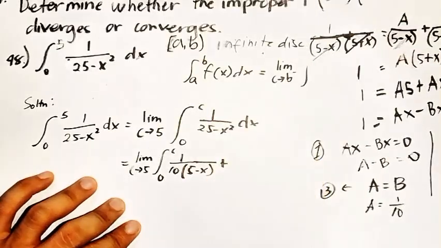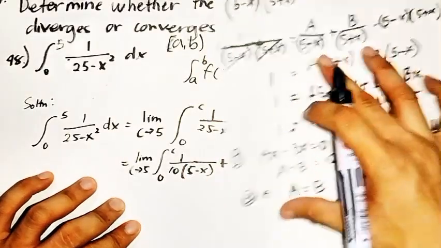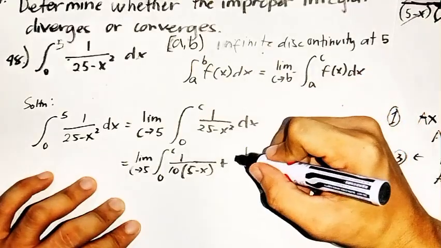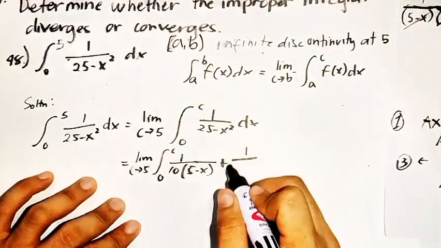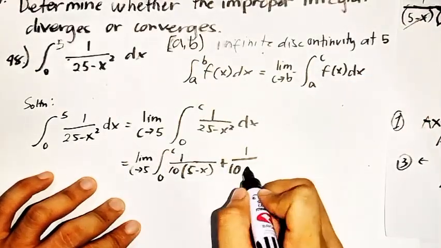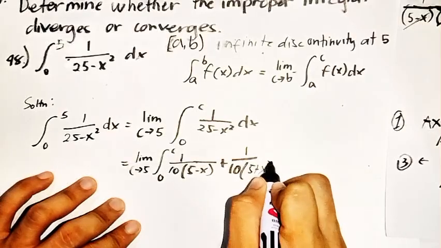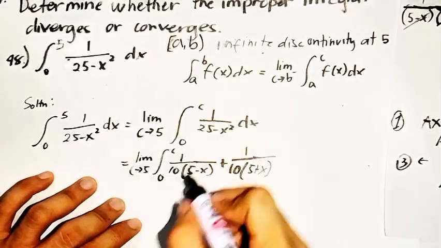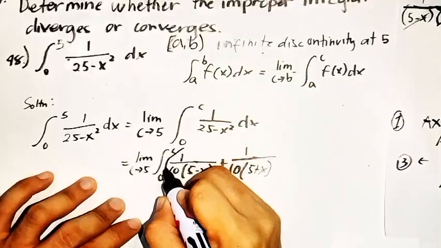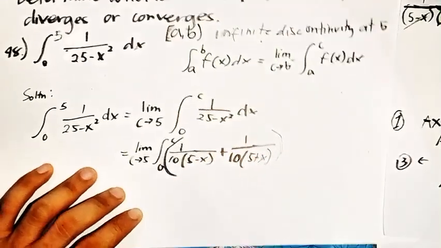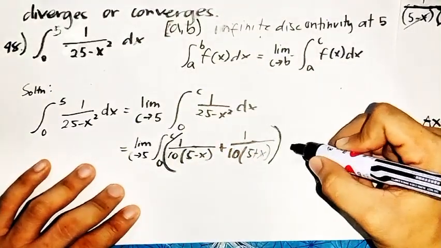Same with the other one, which is 5 plus x. So magiging 1 over 10, 5 plus x. Don't forget the grouping symbol and the dx.